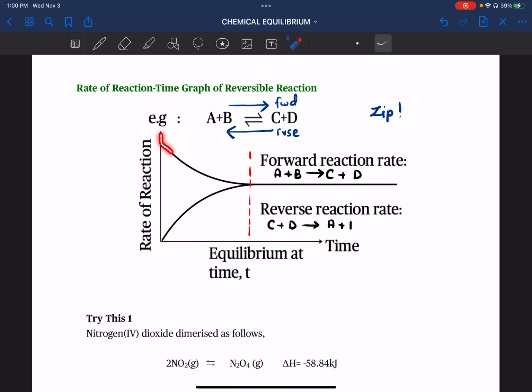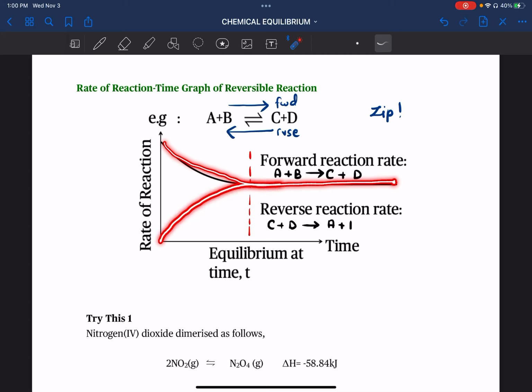Okay, kadar. So the reaction becomes slow. Why? Because concentration of reactant decreasing. Okay, tapi at some point dia akan berkurang sampai satu tahap dia akan jadi constant. At the same time, pada masa yang sama, produk pula daripada tak ada, the rate is increasing.